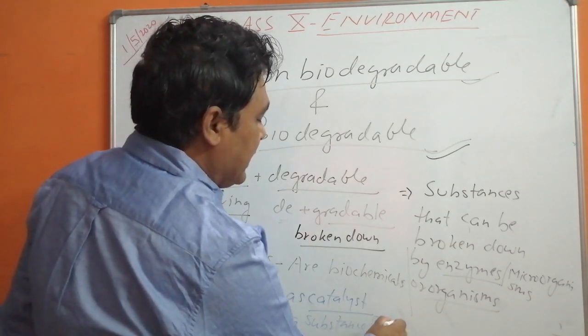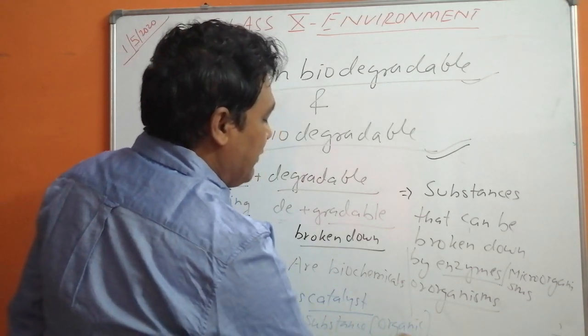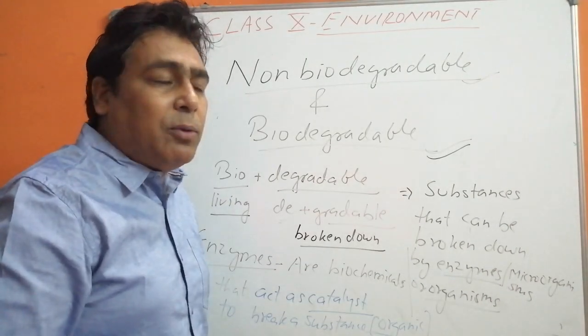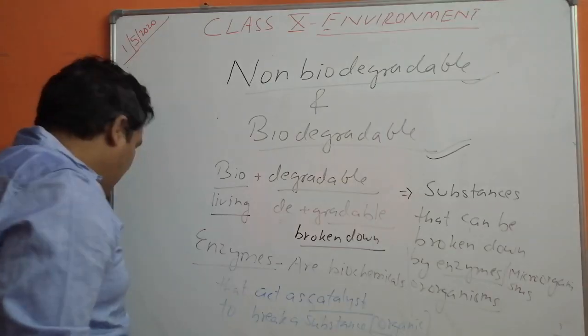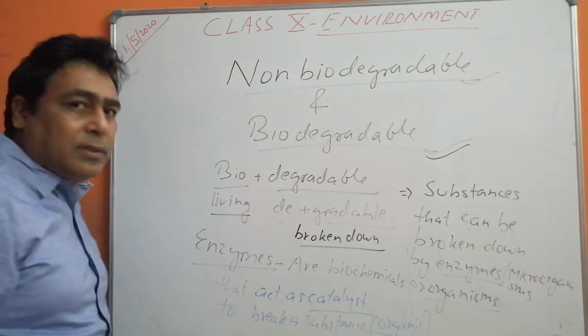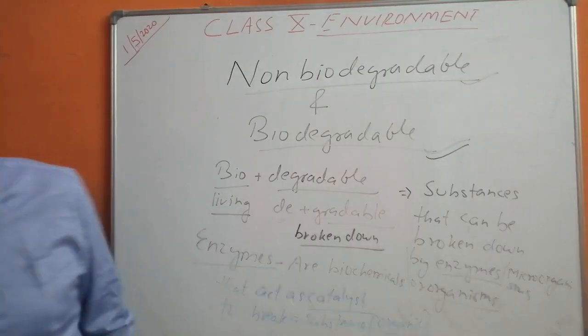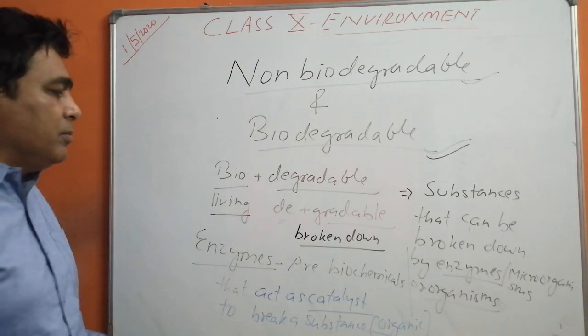Mostly it is an organic substance. When we talk about organic, we are talking about substances which are made by organisms. So the substances which are made by organisms can be broken down.